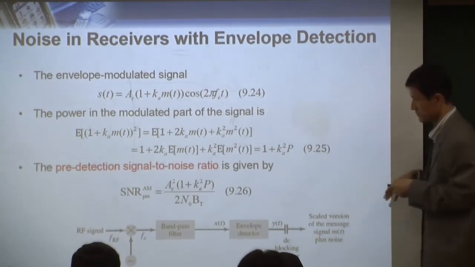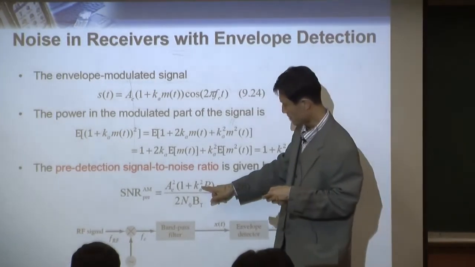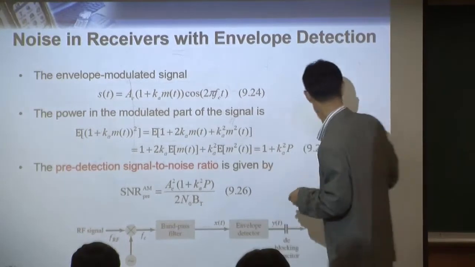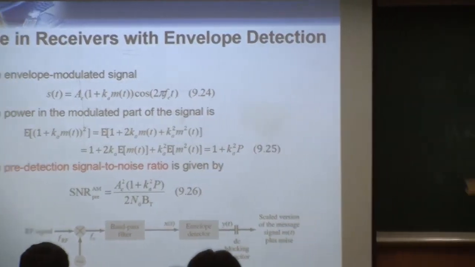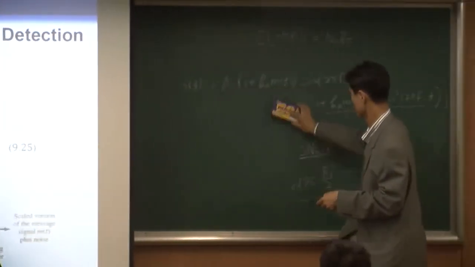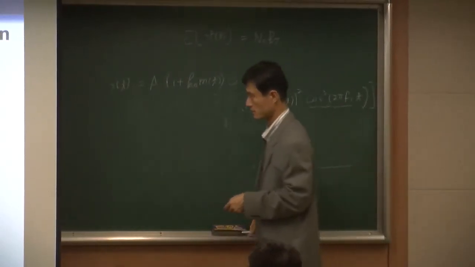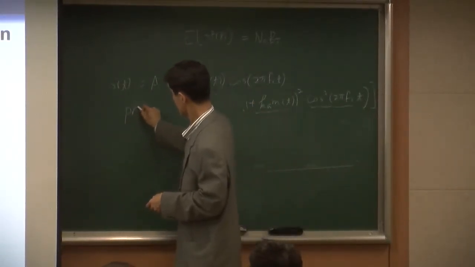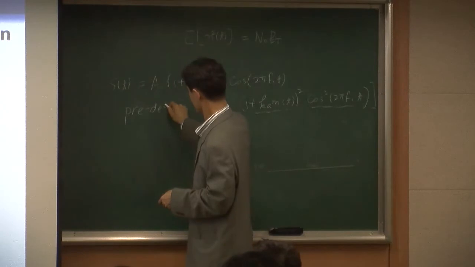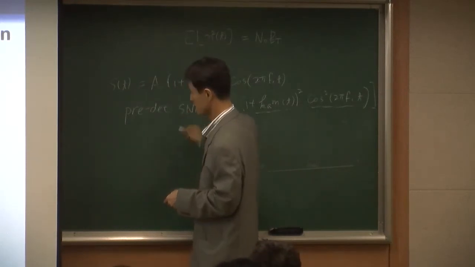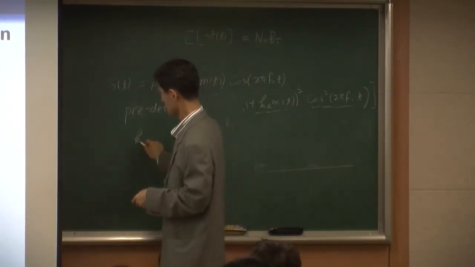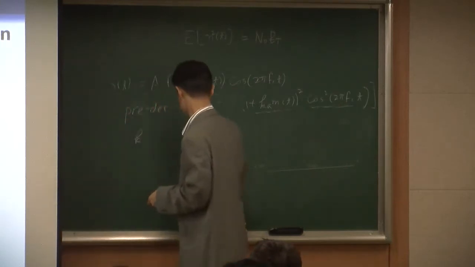Actually, no. That depends on Ka, actually. Yeah, so let's see. Pre-detection SNR is Ka. Okay.